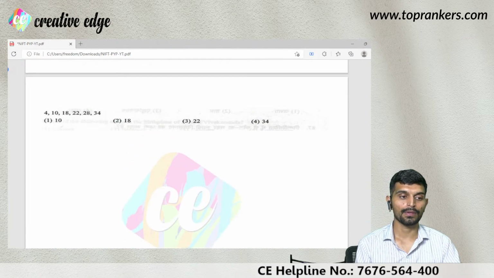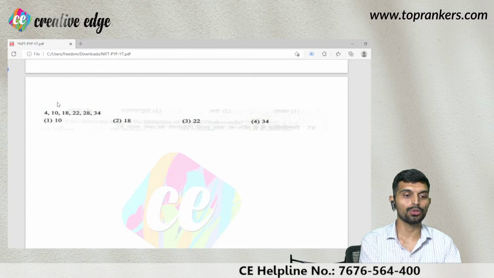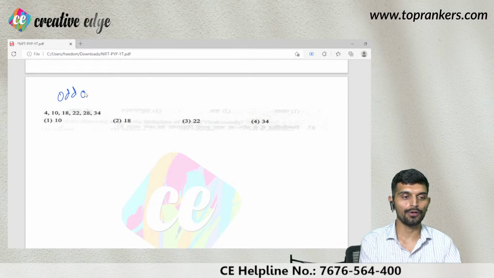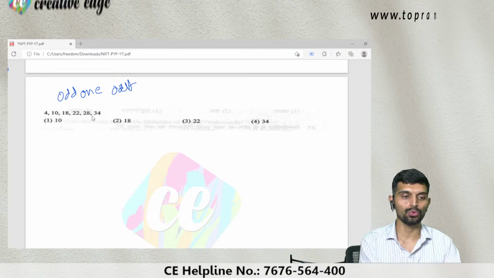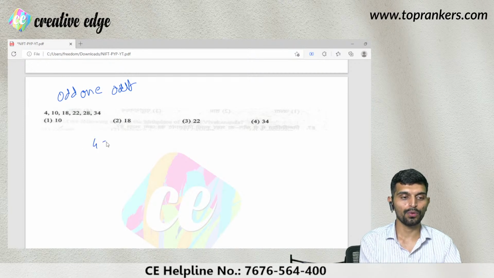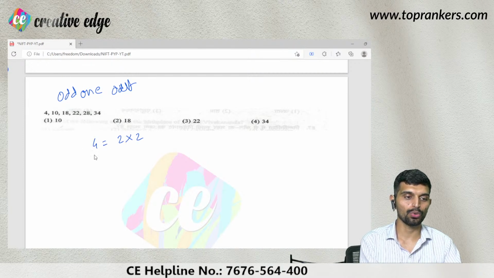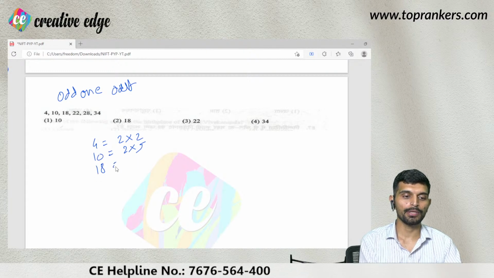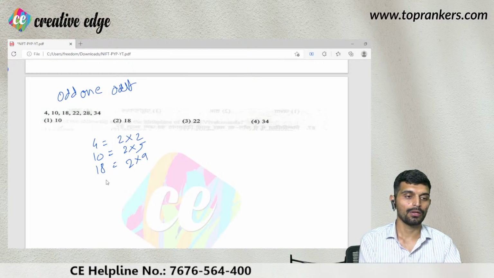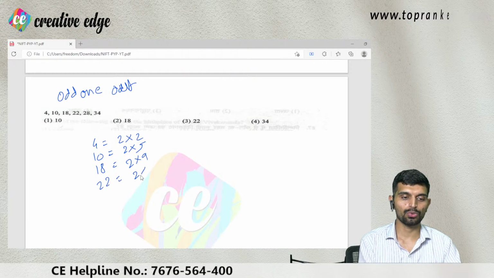Next, we need to determine the odd one out. So 4, 10, 18, 22, 28, 34. 4 can be written as 2 into 2. 10 can be rewritten as 2 into 5. 18 can be rewritten as 2 into 9. 22 can be rewritten as 2 into 11.